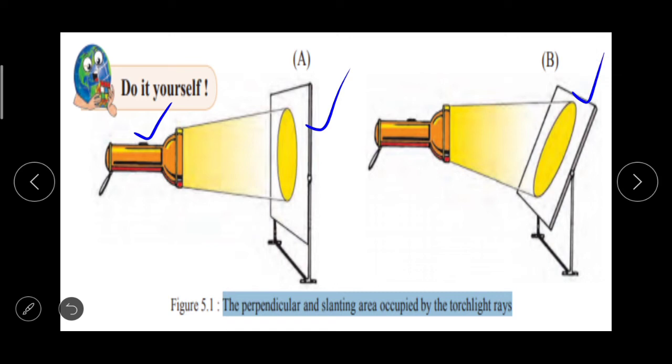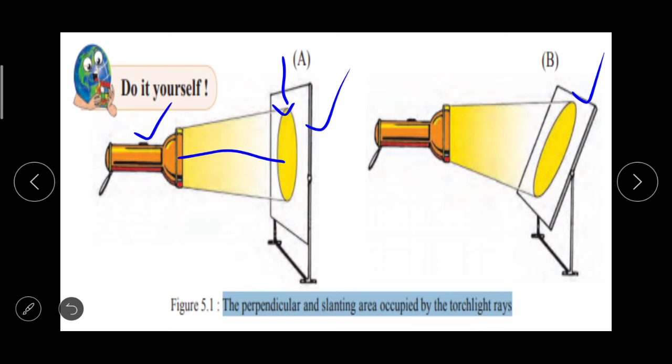Here you can see this one. Now hold the board perpendicular to the beam as it is in the 5.1a, which is perpendicular to the beam. Draw the outline of the area lit up by the beam and name the paper A.